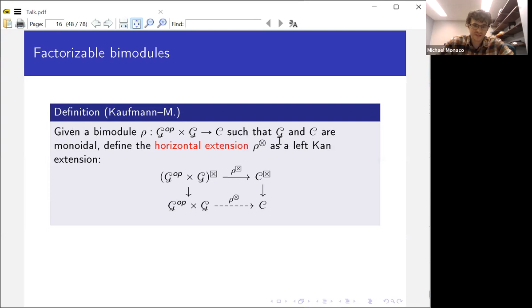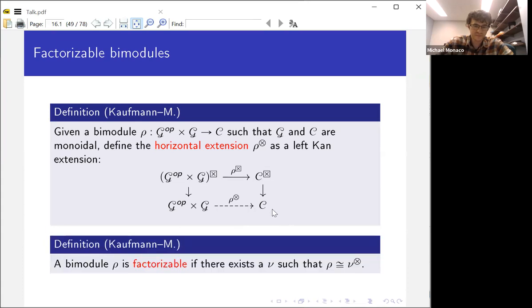Because G and C are monoidal, there's a canonical map from the words of C into the original C just by applying the tensor product, and the same goes here with G. If we Kan extend along that, we get this horizontal extension. Then a bimodule would be called factorizable if there exists such a nu with this isomorphism.